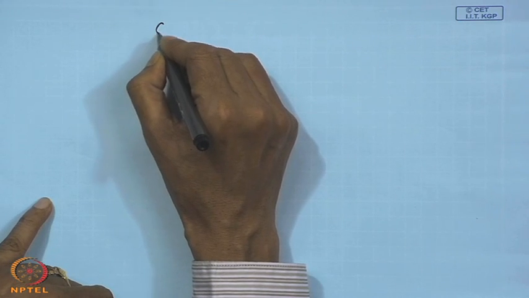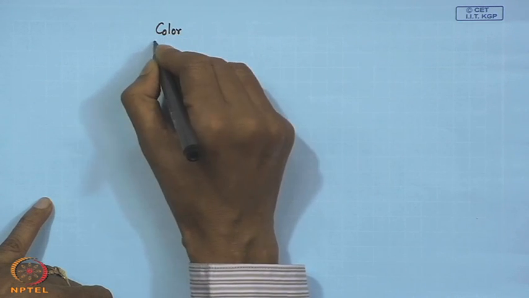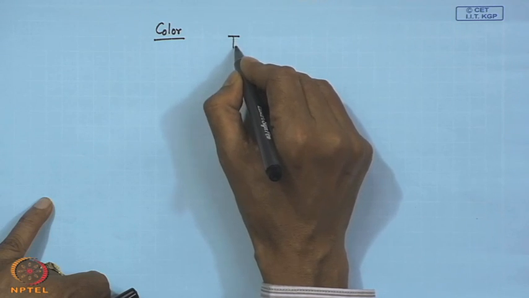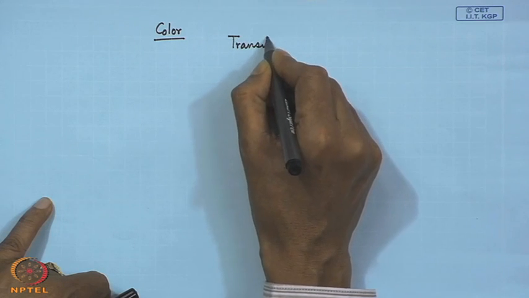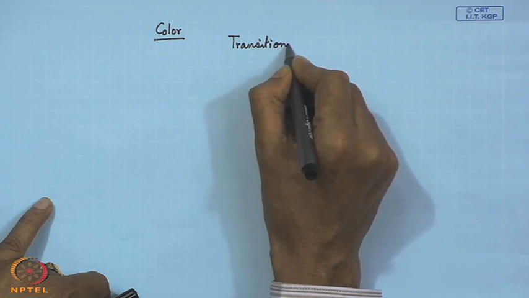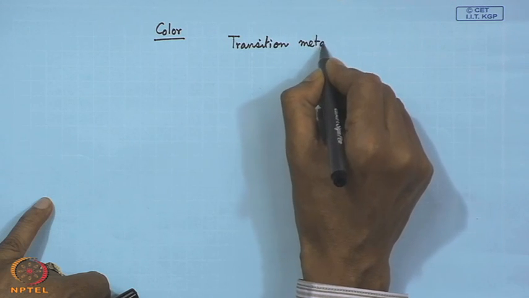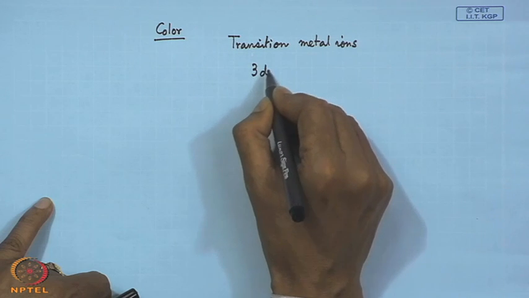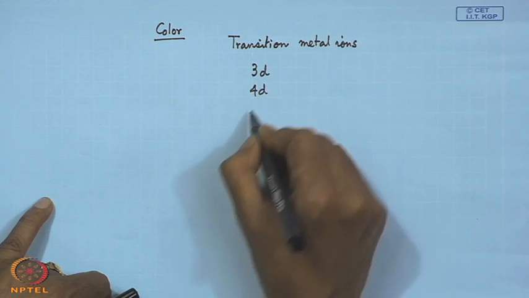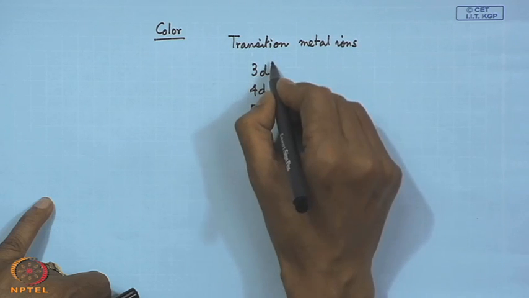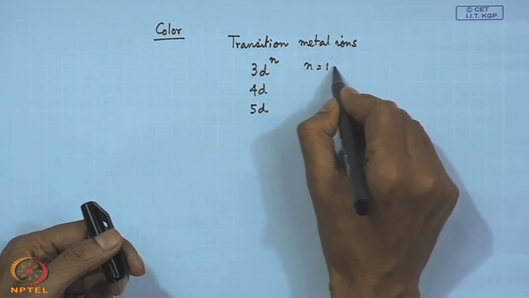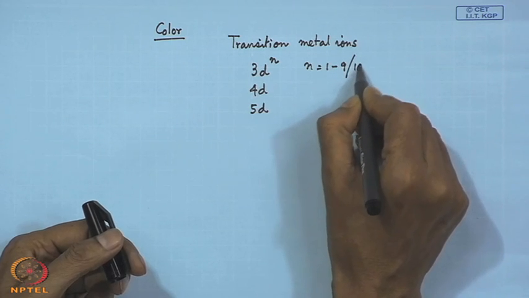The very basic thing we know about color is that we are handling transition metal ions with 3d, 4d or 5d electronic configurations, with n values ranging from 1 to say 9 or 10.